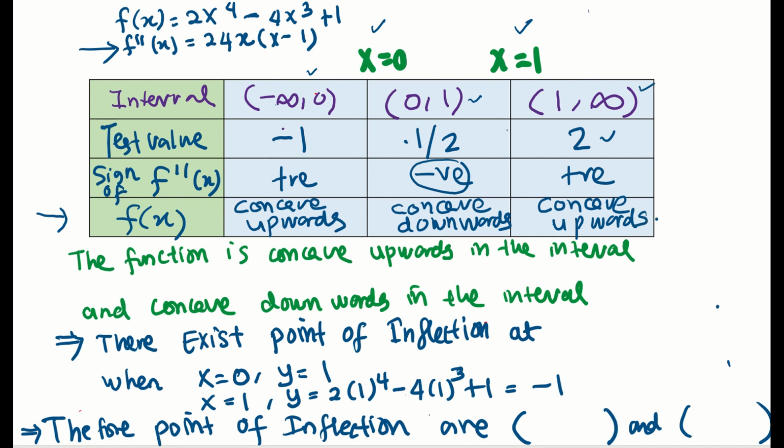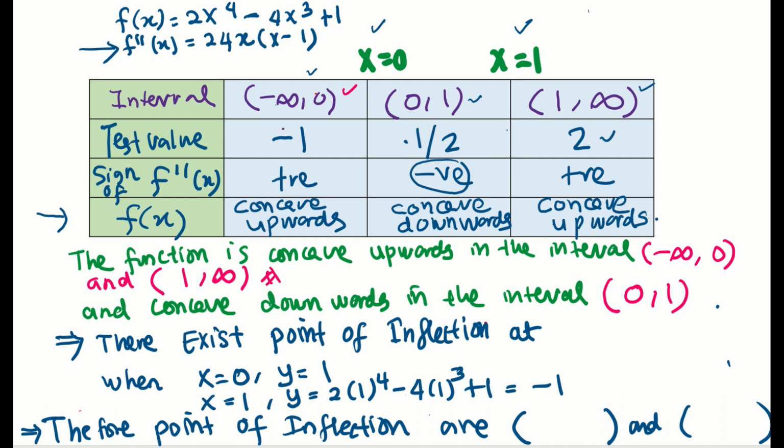So the conclusion is the function is concave upward in the intervals from negative infinity to 0 and from 1 to infinity, and concave downward in the interval 0 to 1.